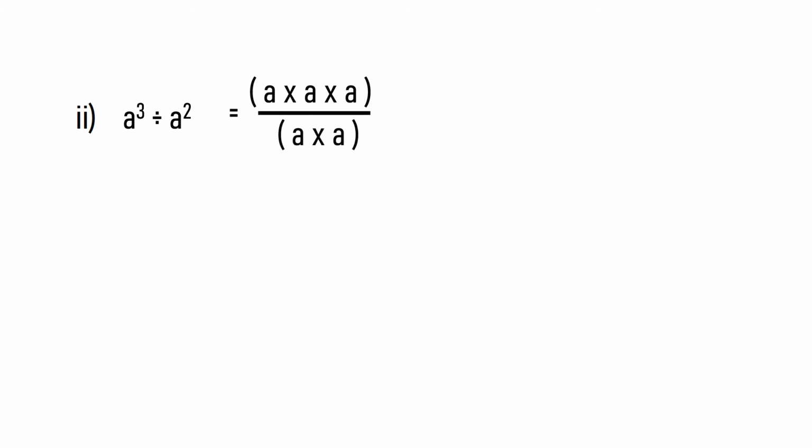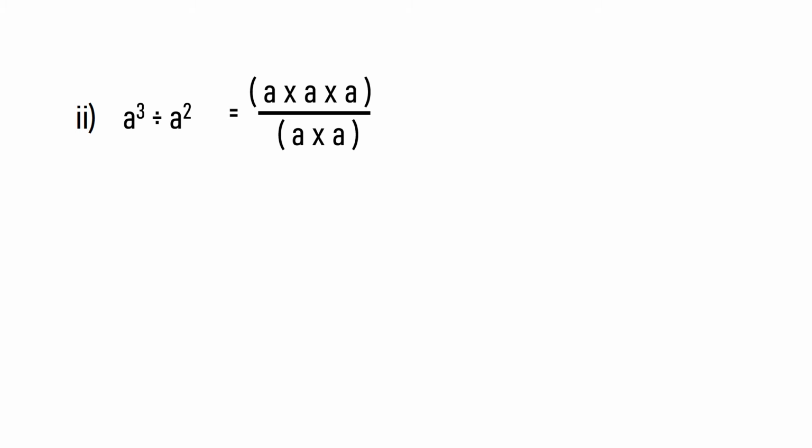Let's consider a second case, that is a power 3 divided by a power 2. This is the same as a times a times a all over a times a.